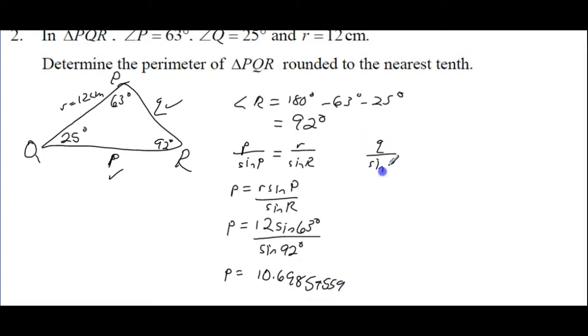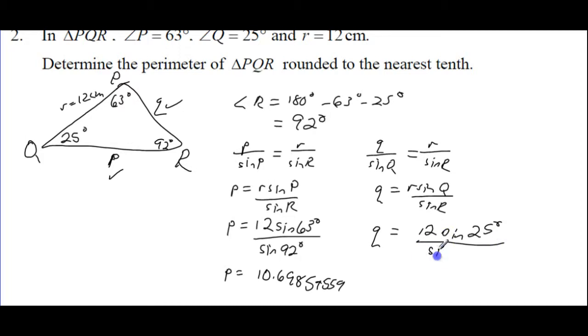Similarly, q over sine q is equal to r over sine r. Little q is r sine q over sine r. Little q is, okay, r, 12, sine of q, sine 25 degrees over sine 92 degrees. Q is equal to 5.074510396.